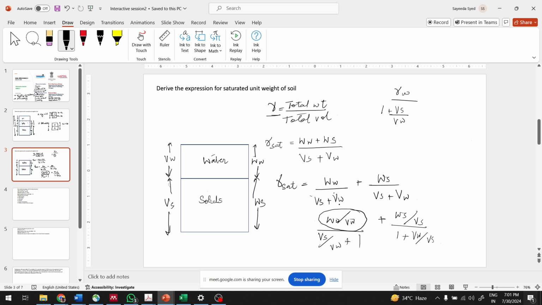Instead of Vw, we can write Vv here, isn't it? Because we see Vv is equivalent to Vw. So first let's do that.